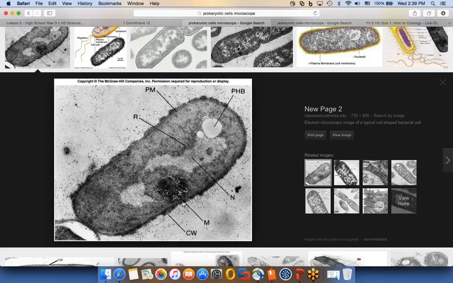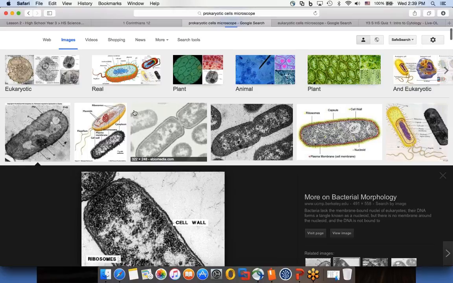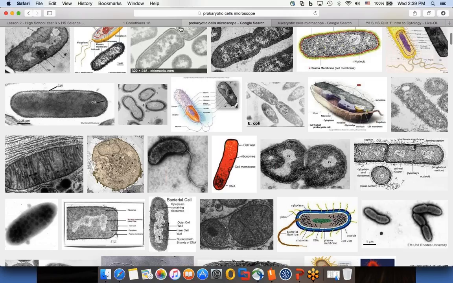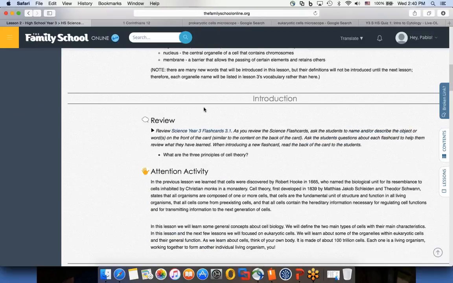In this image, it would be interesting to see the nomenclature of the different parts. Here we have one where we really don't see a nucleus at all. But this is also another way in which you can complete your assignment.